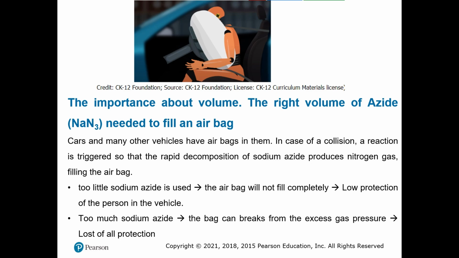So the gas is produced really fast and will inflate this bag. If you have too little sodium azide, the airbag will not fill completely, and there will be low protection for the person in the vehicle. But if you have too much sodium azide, the bag can break from the excess gas pressure, and we're going to lose all the protection. So this is very important to calculate, okay?